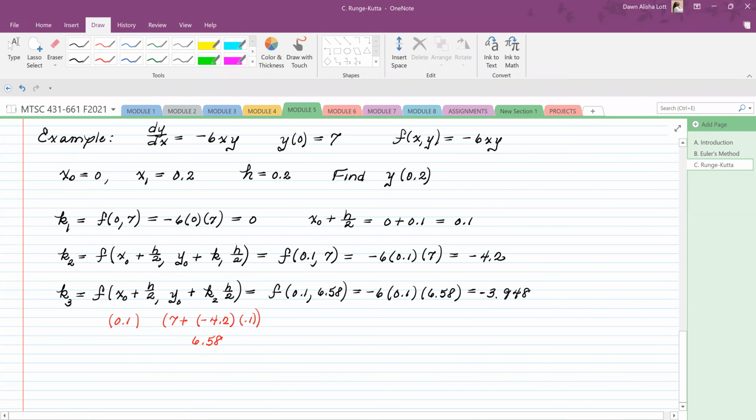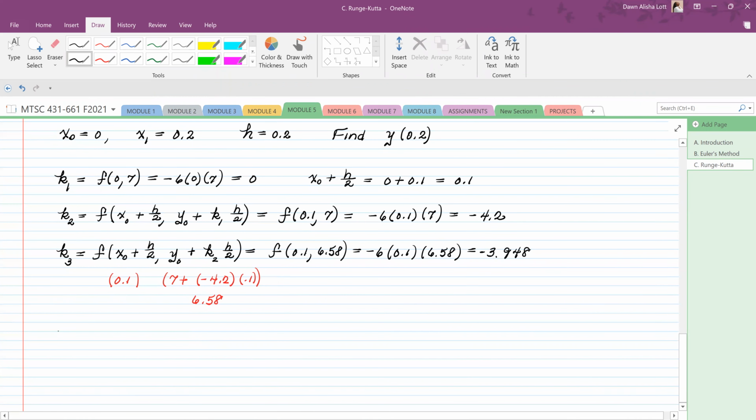Okay, and our last one is K4, I apologize, is equal to f of x naught plus h. So we've actually gotten to the point where we want to go. And this is y naught plus K3 times h. So x naught plus h, that's 0.2.